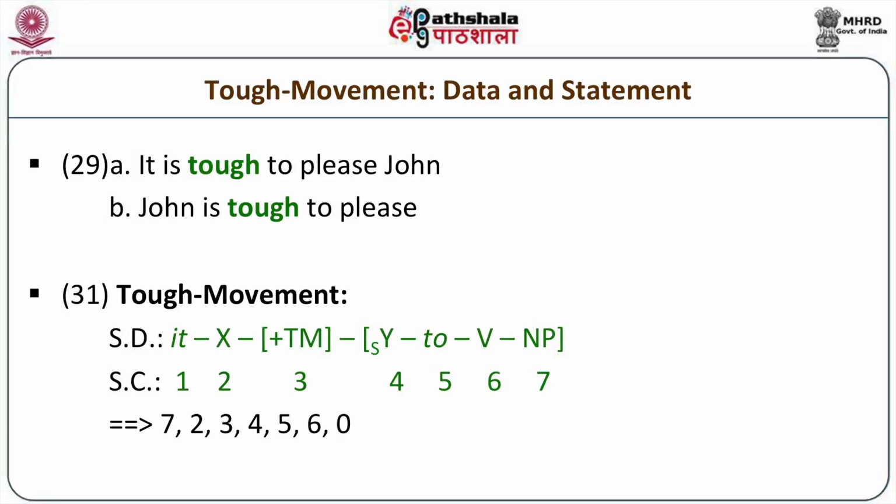There is a formal statement we provide at item 31 in our e-text. I don't want to go over it with you because it looks exactly like the formal statements of the raising processes we have done so far. What you will find interesting is exercise 4 in which we ask you to think about the input to tough movement. Recall that the input for tough movement is a sentence like, "It is tough to please John."